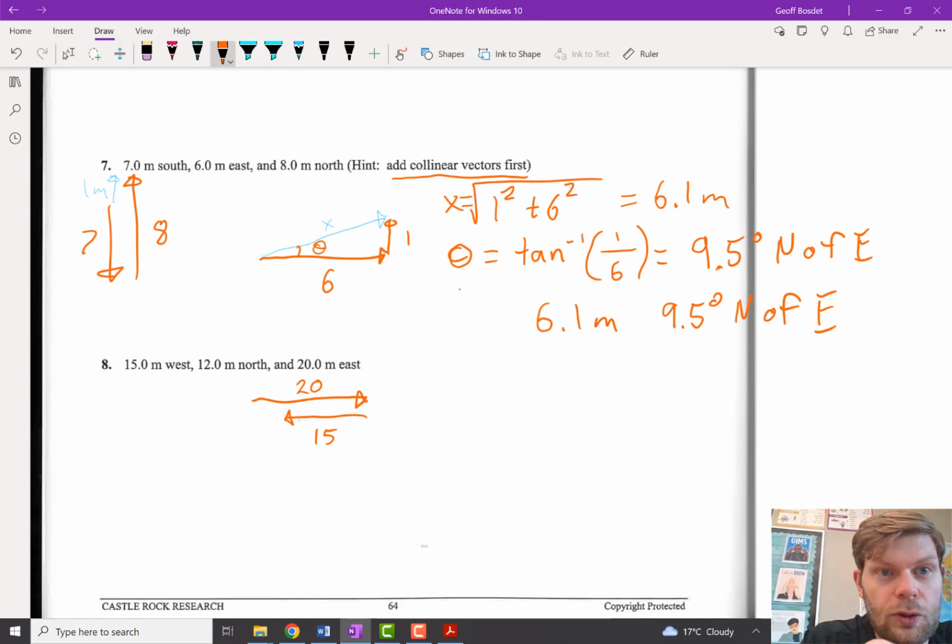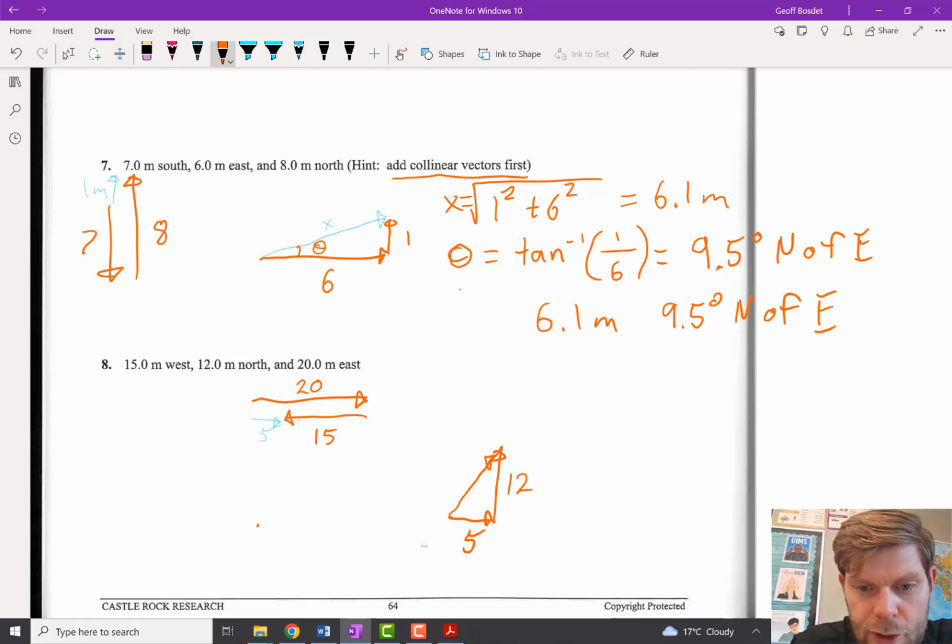And our total displacement from where we started in the east-west axis would be 5 meters to the east. And so then we'll combine our total north-south with our total east-west. We are 5 meters east and 12 meters north.